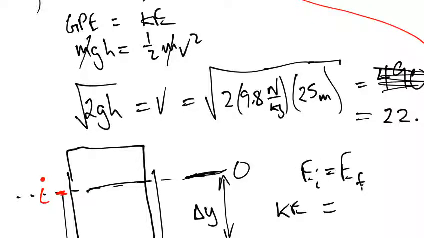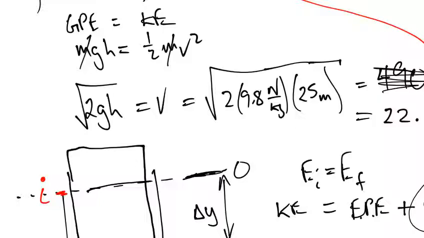But you see, finally down here the spring is compressed, so we have elastic potential energy, but we also have gravitational potential energy, although this gravitational potential energy down here is going to be negative. But we need to take that into consideration.